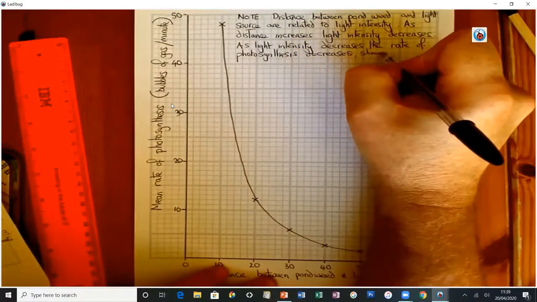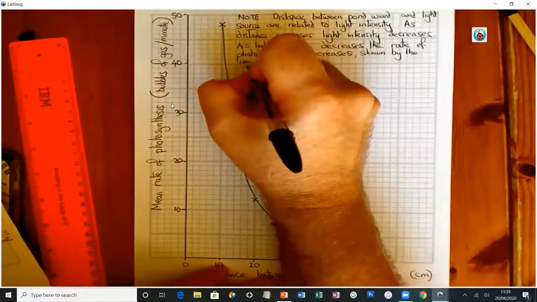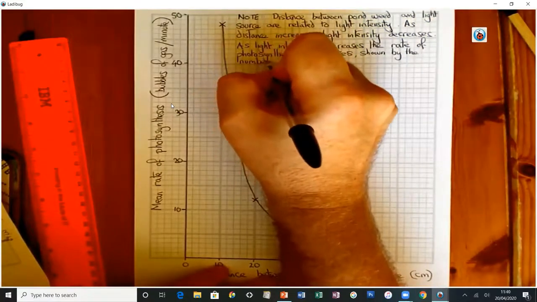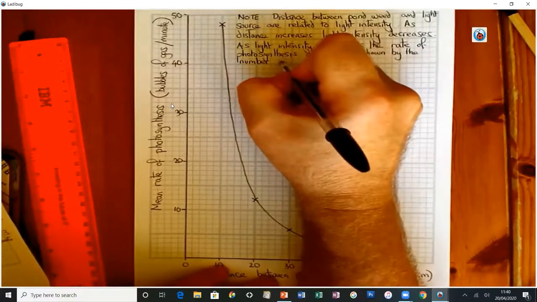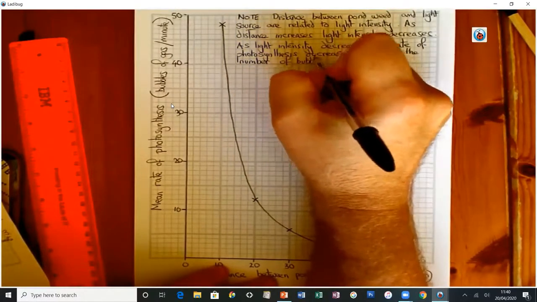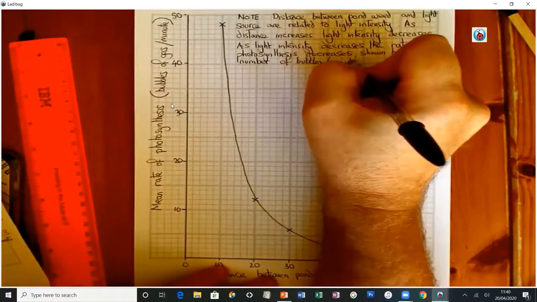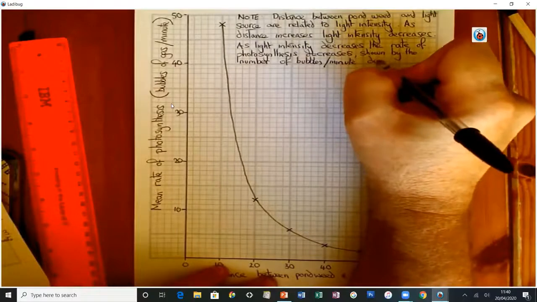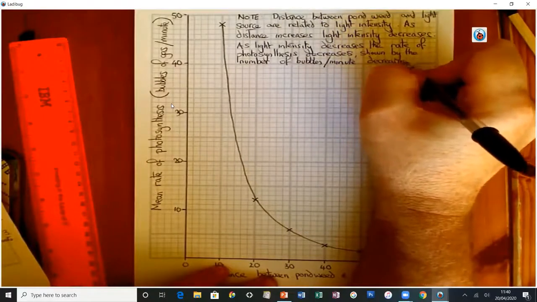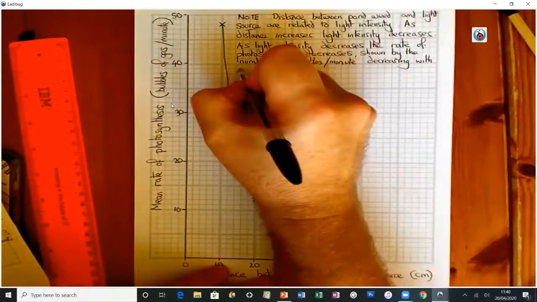Shown by the number of bubbles per minute decreasing with increasing distance.